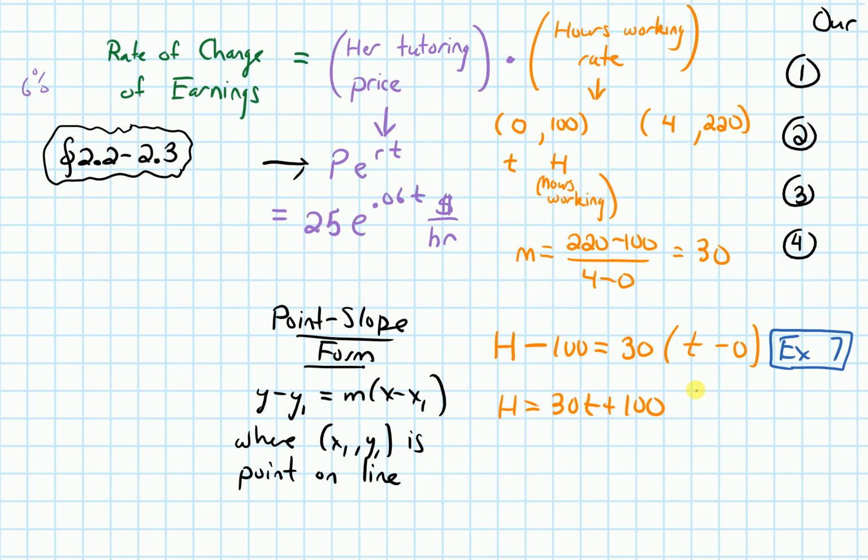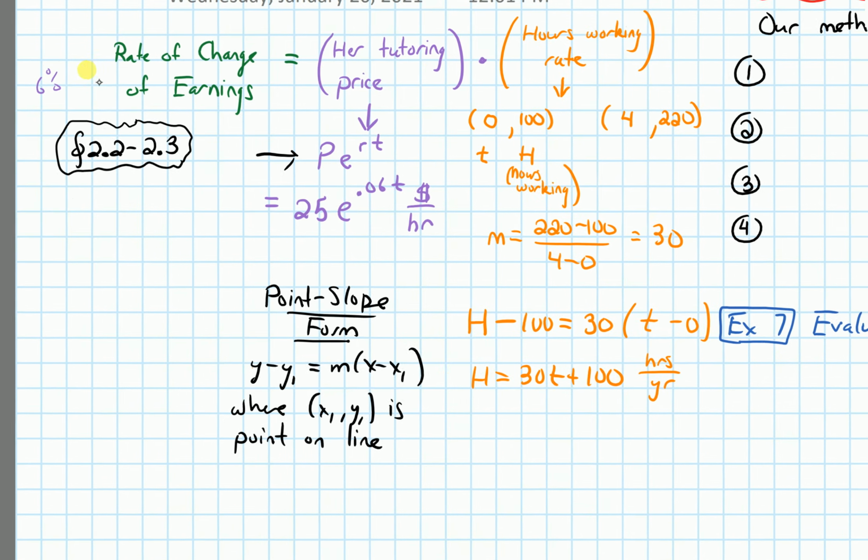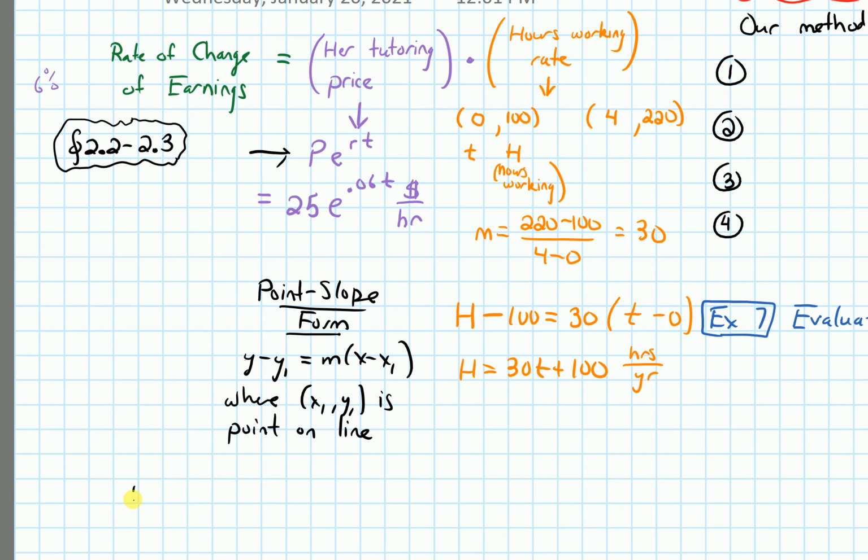And the units of this are the hours that she'd be putting in per year at whatever time we're talking about. All right, so I'm going to zoom it out a little bit. We are ready now to plug this in to the formula for the rate of change of Lavender's earnings, because what we need to do is multiply these two expressions that we just got.